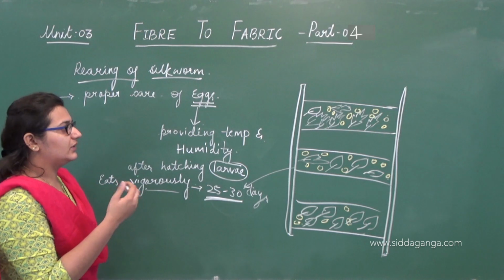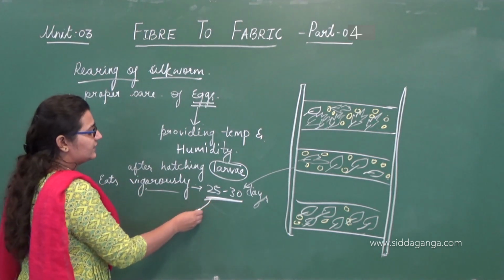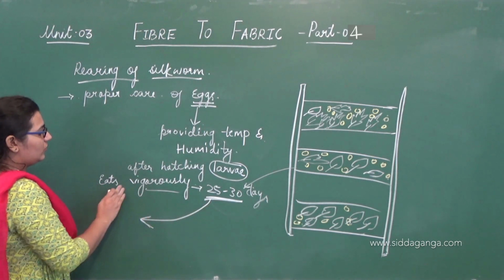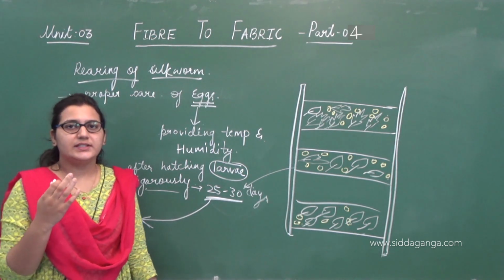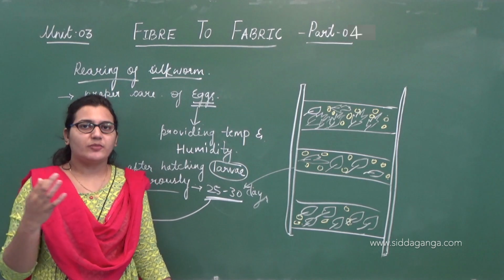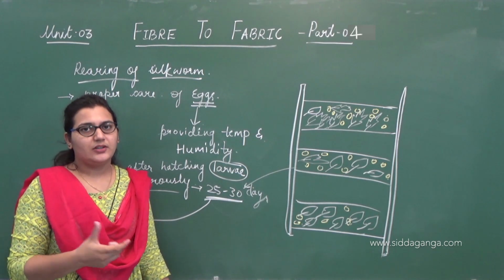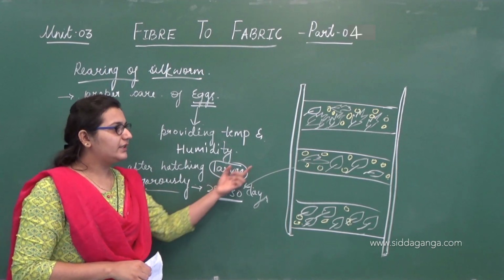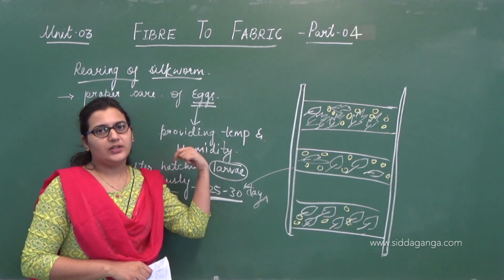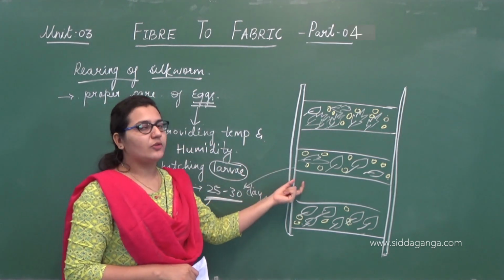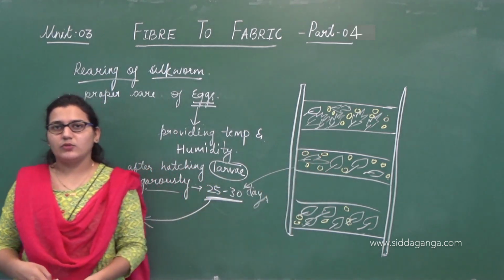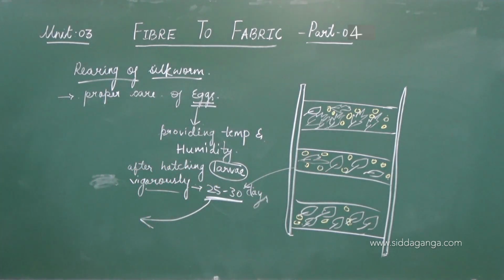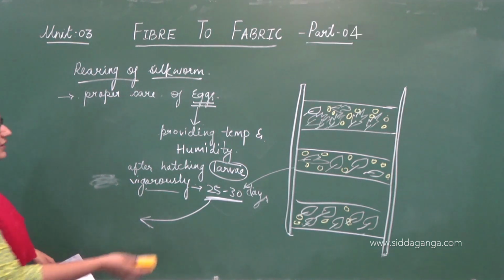That is, it is achieving the next stage of life. It starts secreting. After eating for all these days, there is a time it stops eating and starts secreting. So around 25 to 30 days, we take these worms out of these bamboo trays, and we have one more structure in which we keep them.